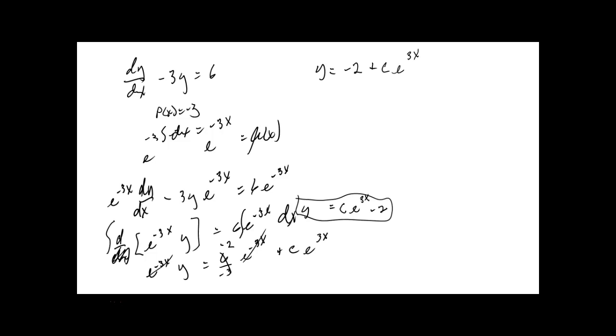But backing off just a little bit here, they do say when the a sub 1, which is the coefficient of the derivative, and the a sub 0, which is the coefficient of the y, and the f are all constants, then this goes back to being one of those autonomous differential equations. There aren't any x's anywhere in it except there.